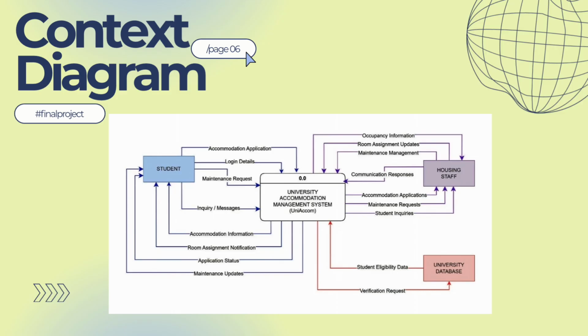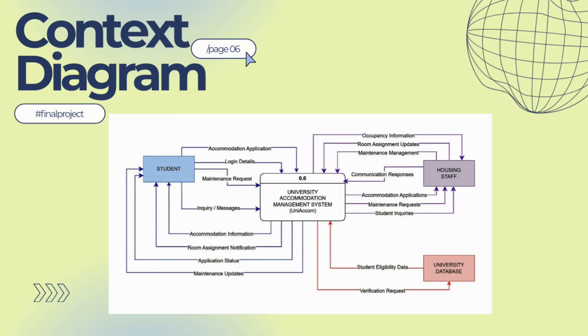The housing staff receive accommodation application, maintenance requests and student inquiries from the system. They also send occupancy information, room assignment updates, maintenance management information, and communication response back to the system.